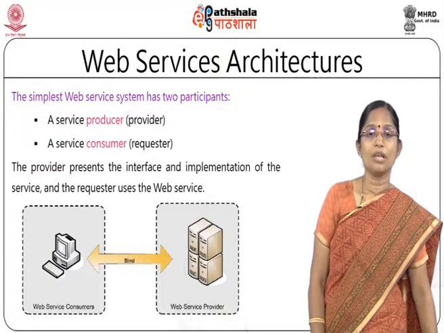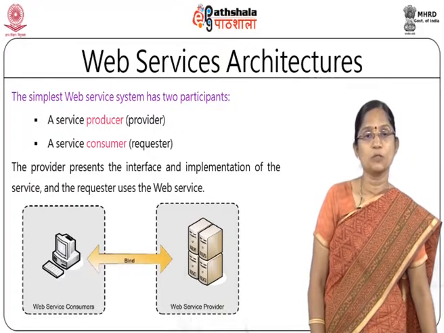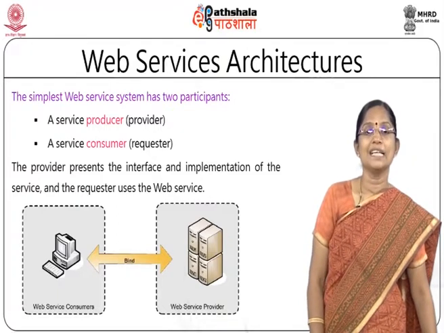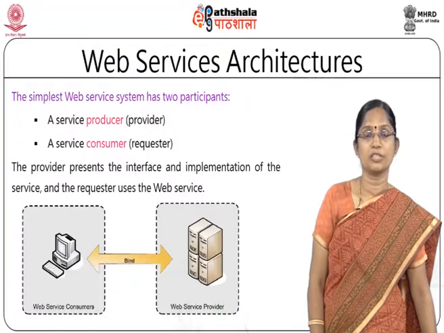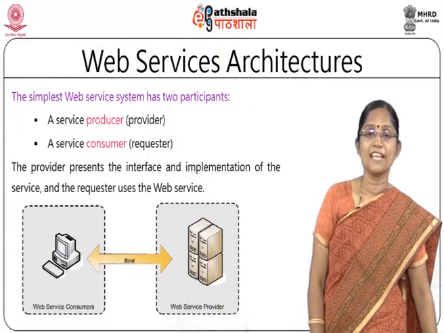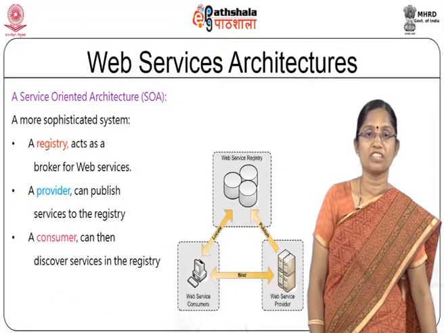The consumer requests a particular web service from the provider or producer. It executes the process, generates results and sends the results back to the consumer. The provider presents an interface and implementation of the service, and the requester makes use of this web service.